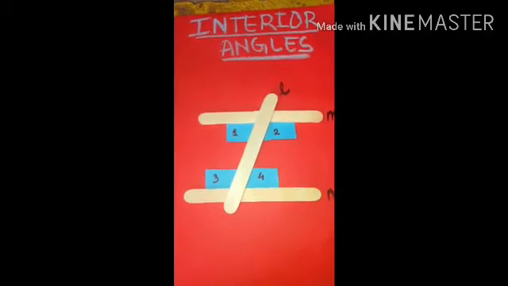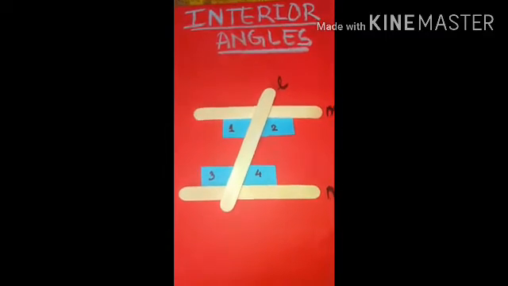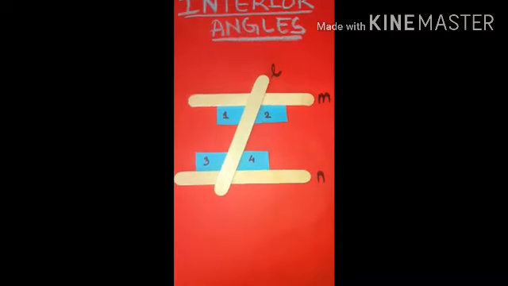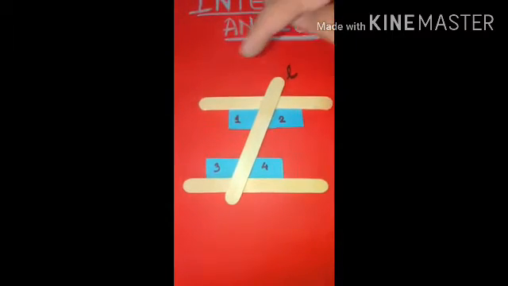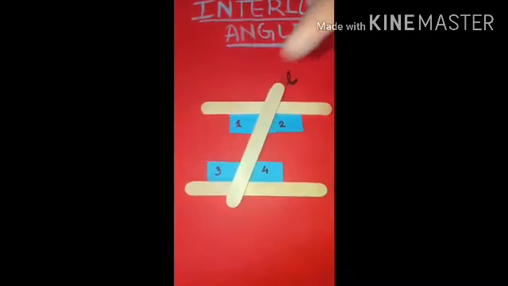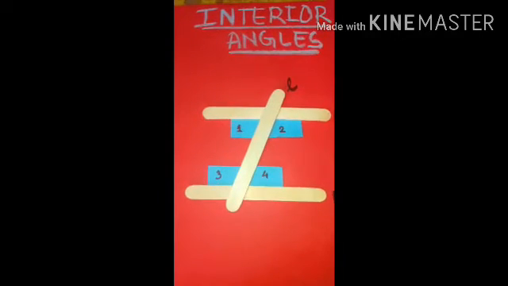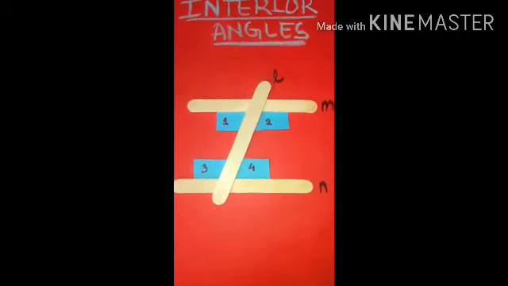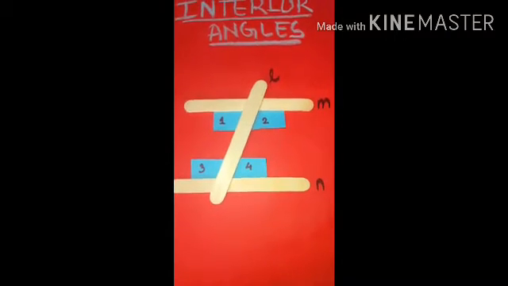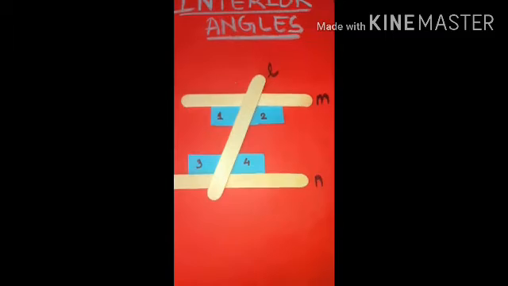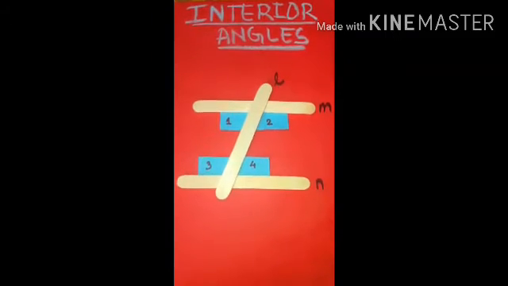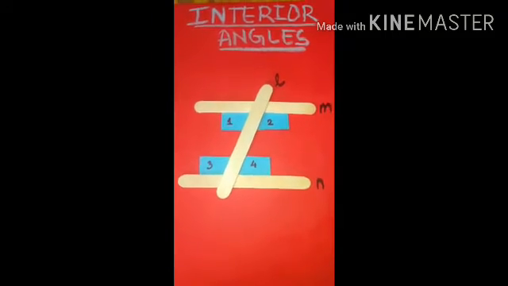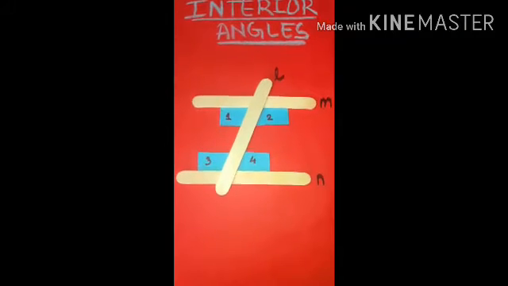So here you can see in the figure that angle 1, angle 2, angle 3 and angle 4 are four interior angles of two parallel lines, which are formed by the transversal L. So this is how it satisfies the property of interior angles.